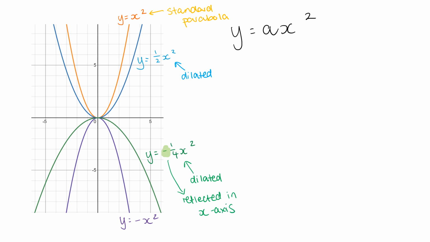So it's just flipped it like the x-axis is a mirror, okay? And this purple one down the bottom is the standard reflected parabola, okay? So all your y values are now negatives instead of positives, okay? So this is just your standard y equals ax squared form.